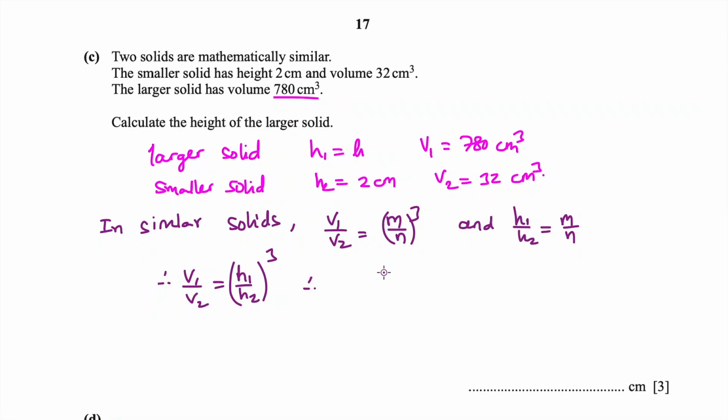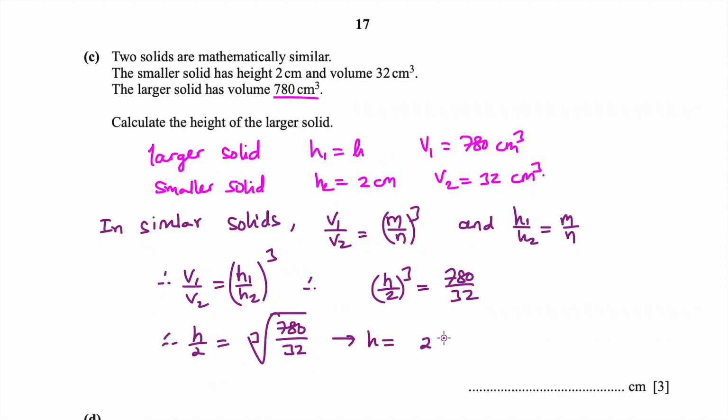So therefore h by 2 whole cube is equal to 780 by 32, and so h by 2 would be cube root of 780 by 32. h would be 2 into cube root of 780 by 32 in centimeters.